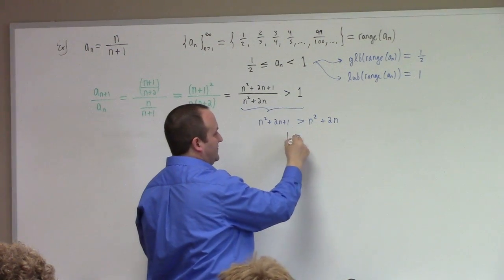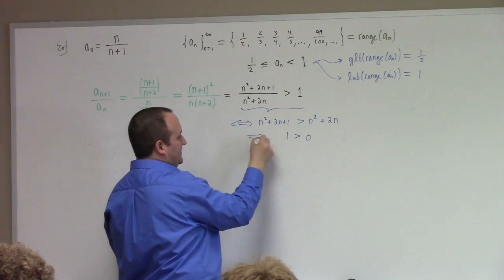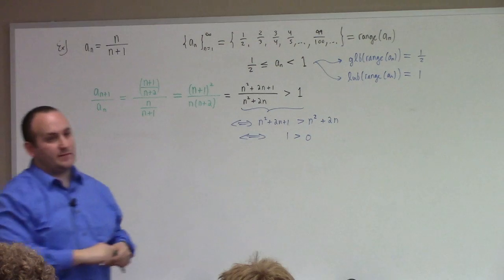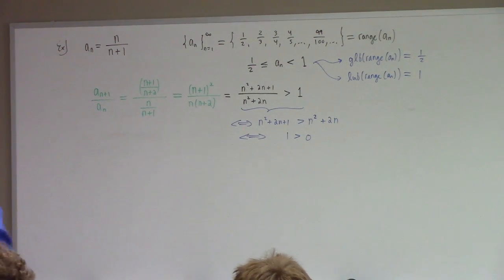So this is equivalent to that, and that is equivalent to this, right? Just subtract n squared minus 2n from both sides. Or to go back, add n squared plus 2n to both sides. So the claim that that's less than 1 is equivalent to the claim that 1 is greater than 0, which I think we can agree with.